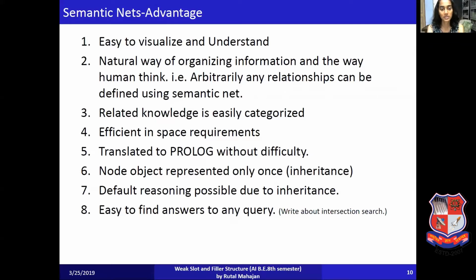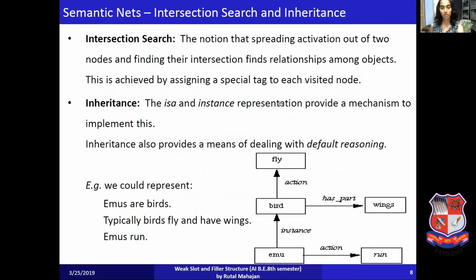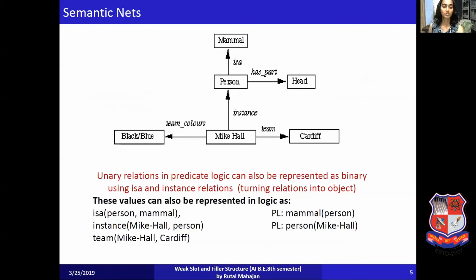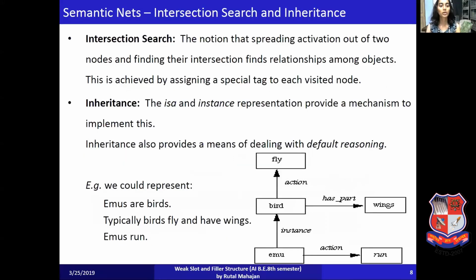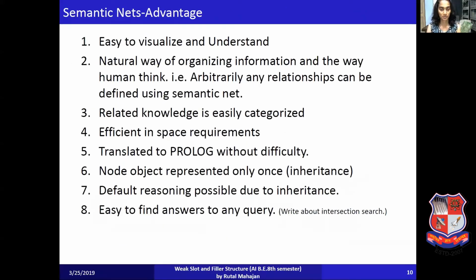Efficient in space requirements: we need to store only attribute value pairs, that is the relationship, and the ordered pair of the two concepts between which the relationship holds. Translated to Prolog without difficulty: we have already seen that the statements are very similar to Prolog statements, so it is easy to convert into Prolog without difficulty.